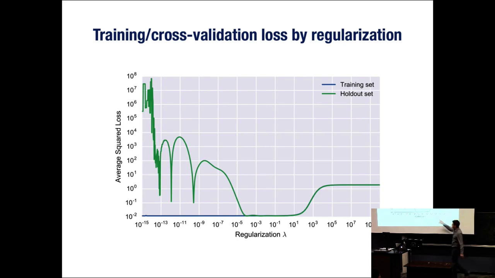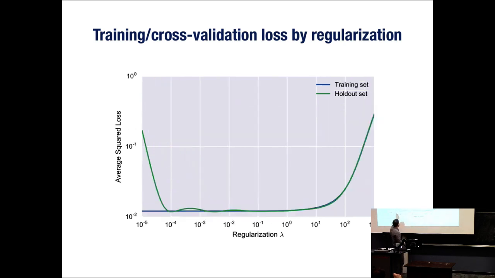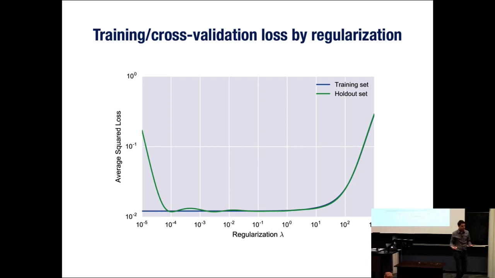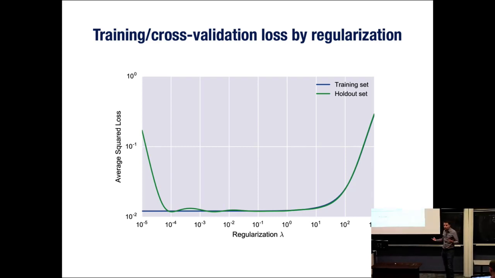So this is the nice region where our training loss and our holdout loss are both fairly low. We can look at that a little bit closer on the next slide, though I'll jump back to the other slide in a second. This is now varying it between 10 to the negative 5 and 10 to the 3. And we have this fairly big region here where we get reasonable performance with a 50-degree polynomial, even though that seems like an absurdly large polynomial for this kind of data.